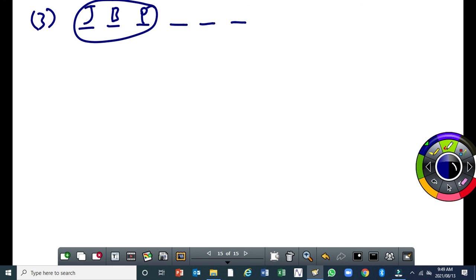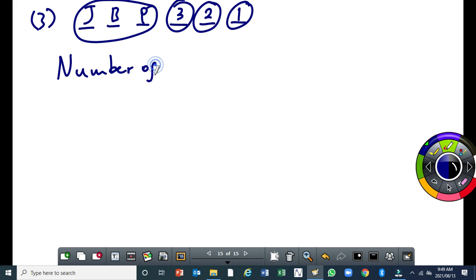This is 1 unit. Then how many are left? You are going to end up having 3. Can you take that position 2 and then 1? But you take this as a unit because they can also swap around. So the number of ways will be equal to 4 factorial times 3 factorial.